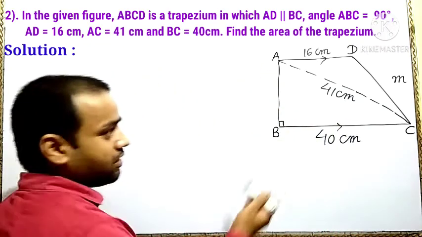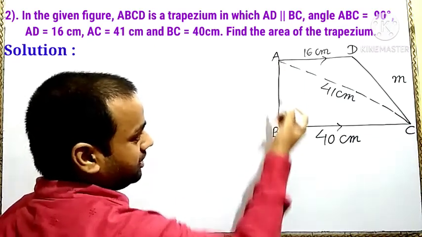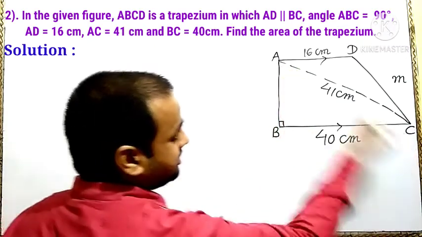So we find first of all, we take in right triangle ABC.